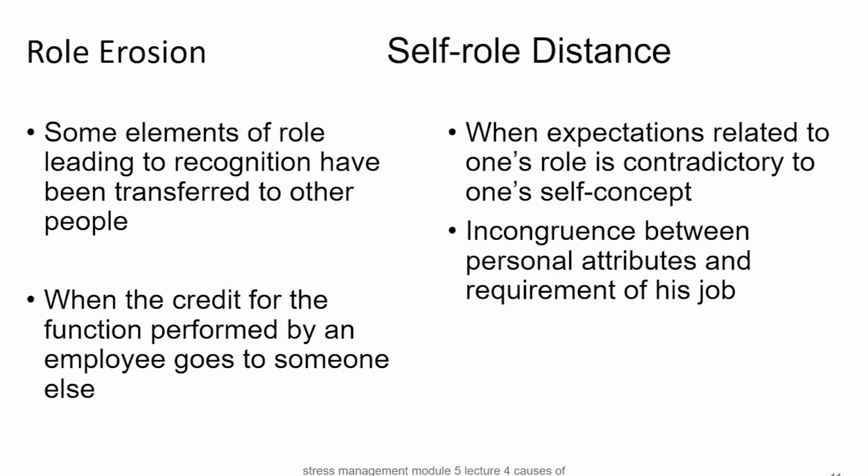Related things are role erosion and self-role distance. You must have heard the term erosion, frequently used in physical and chemical sciences. It basically refers to the destruction of the uppermost layer of some element, like erosion of iron or erosion of soil due to heavy rainfalls or something like that.